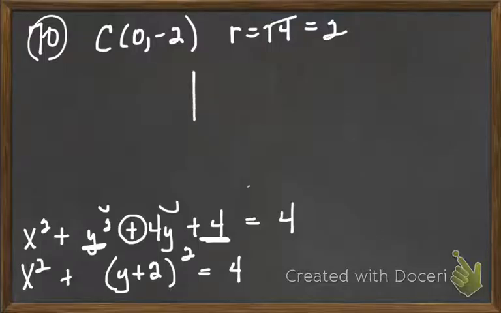And we'll sketch this one out, and I'll try my best to get the center right on this one. So the center is down 2. And then the radius of my circle is 2. So I go to the right 2, up 2, left 2, down 2, sketch in my circle.